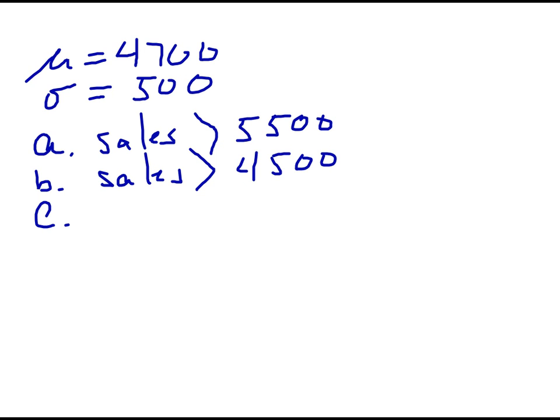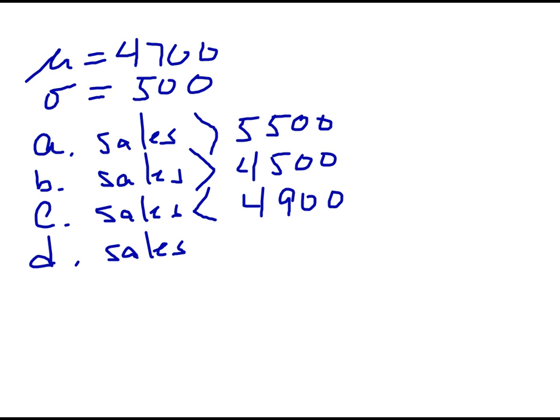C, what's the probability that sales will be less than 4,900? And D, what's the probability that sales will be less than 4,300? So pause this video, solve the problem, and then come back and I'll show you the solution.